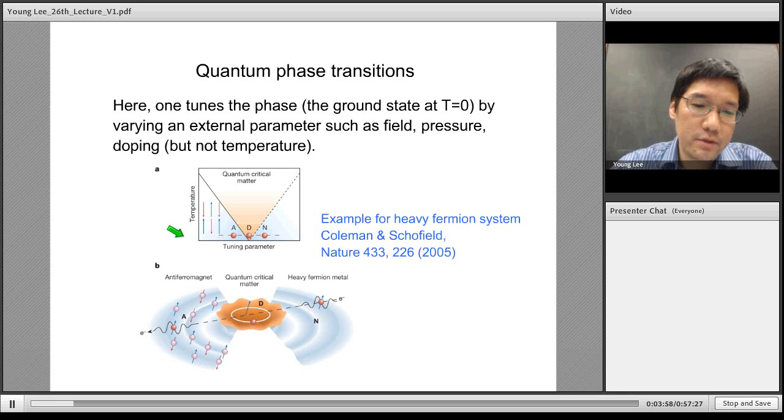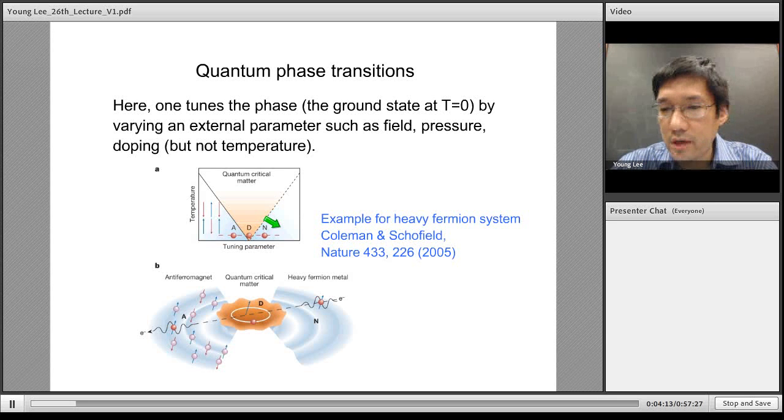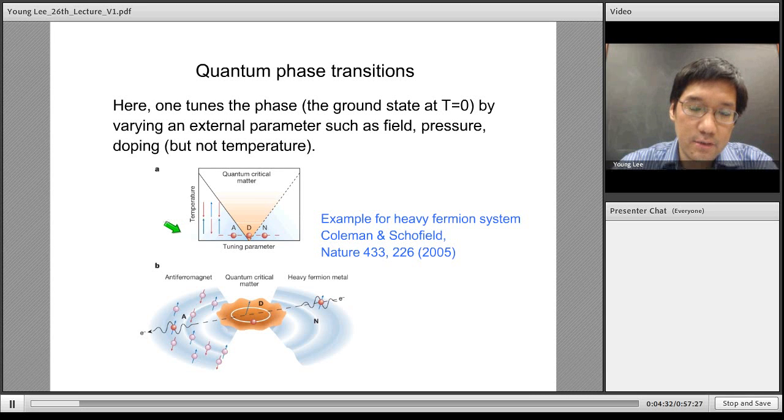So what happens is that at some low value of this parameter, let's say that you have antiferromagnetic order of some of the magnetic ions in this material, and let's just jump to a large value of this tuning parameter, the ordering disappears and you have a metallic state. So there's clearly a different phase on both sides, and at some point you will go through a critical point. And that's a critical point that exists at T equals 0.